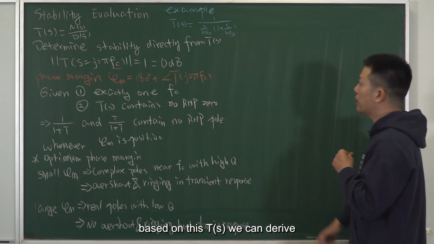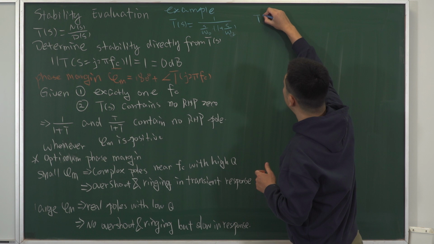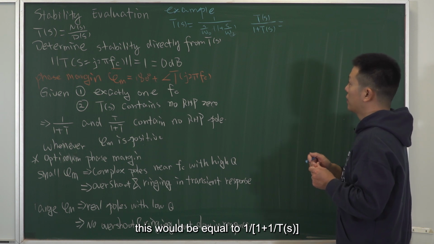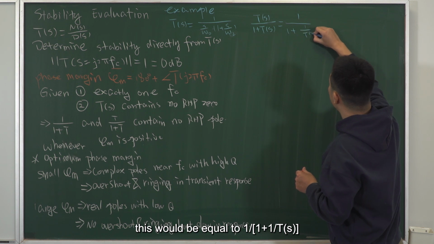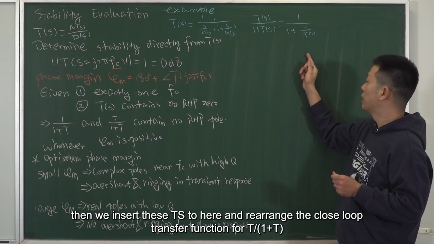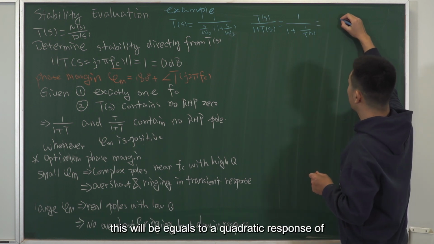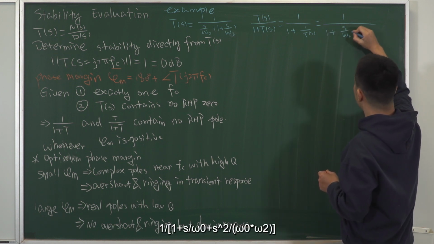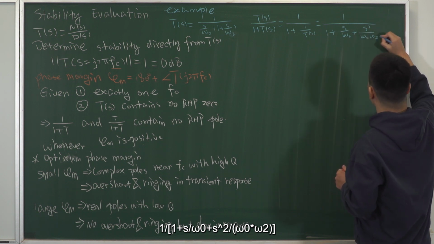Based on this T(s), we can derive the expression for T over 1 plus T, which equals 1 over 1 plus 1 over T(s). Then we insert this T(s) and rearrange the closed loop transfer function for T over 1 plus T. This will equal a quadratic pole response of 1 over 1 plus s over omega 0 plus s squared over omega 0 times omega 2.